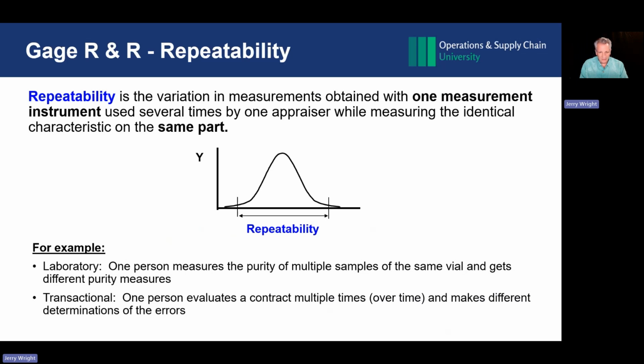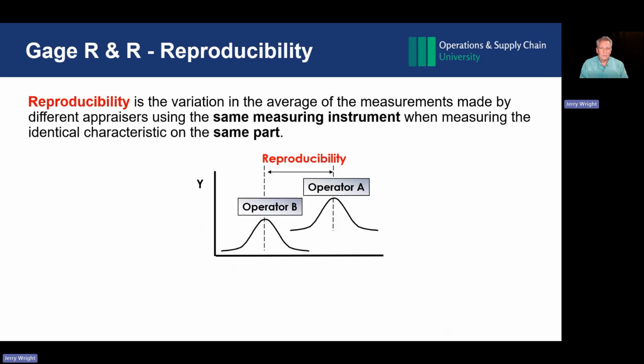That's a repeatability issue. Now, reproducibility is the variation in the average of the measurements made by different appraisers using the same measuring instrument when measuring the identical characteristic on the same part. So this is, hey, operator A gets 49, operator B gets 50. That's different.